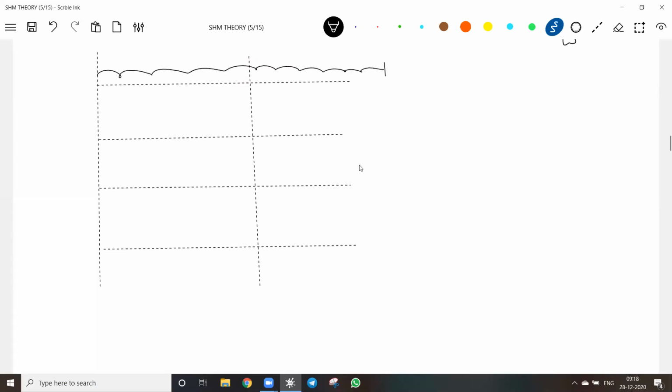He will pull that to the right extreme like this. Okay, fine. So here he will give amplitude. He will pull that spring and he will release from rest. Releases from rest. Okay, now you will release.